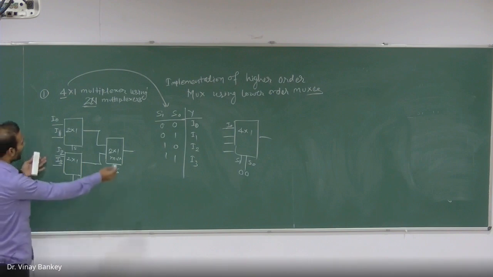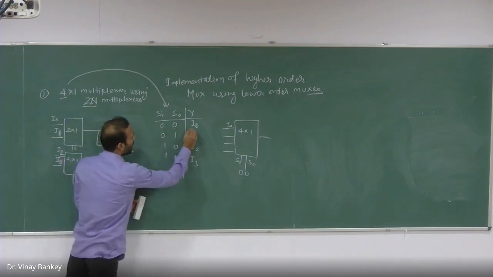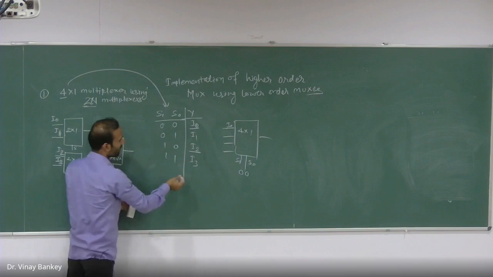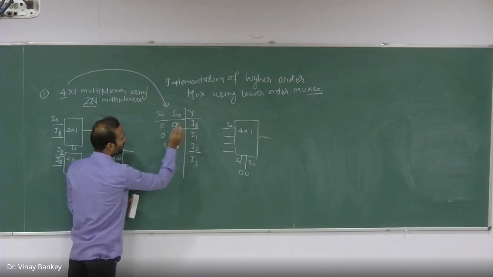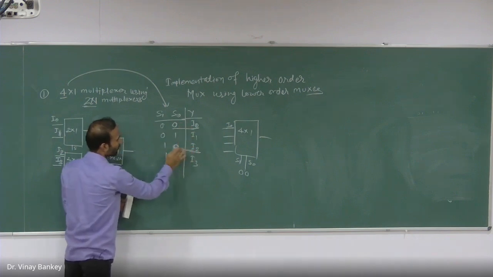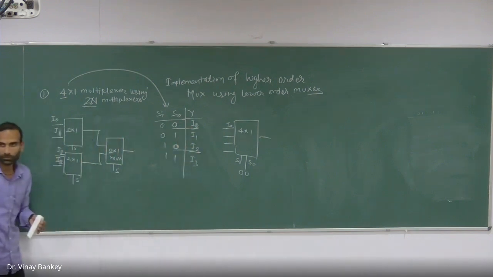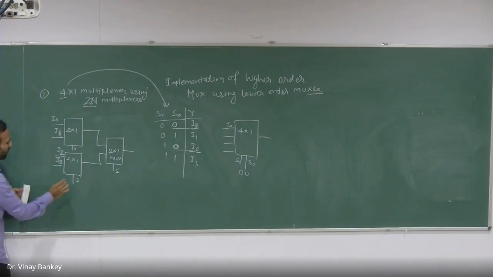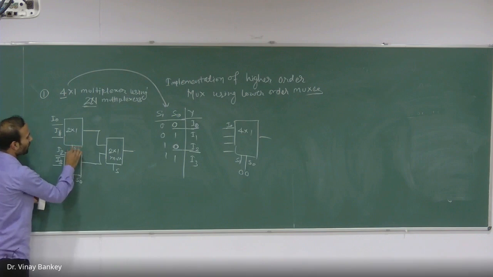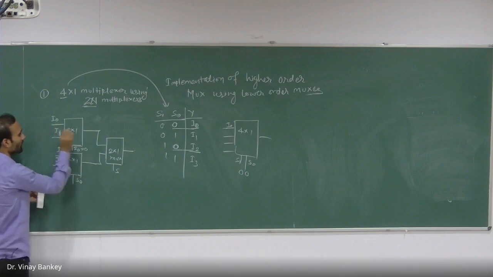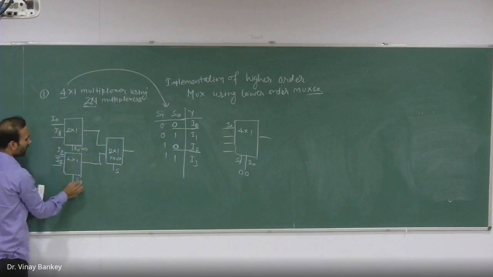Okay, so when I say, see, I0 and I2, there is a similarity. When S0 is 0, this I0 and I2 are selected, isn't it? So it means that if I assign this selection line as S0, whenever S0 is 0, I0 will be selected here and I2 will be selected here.